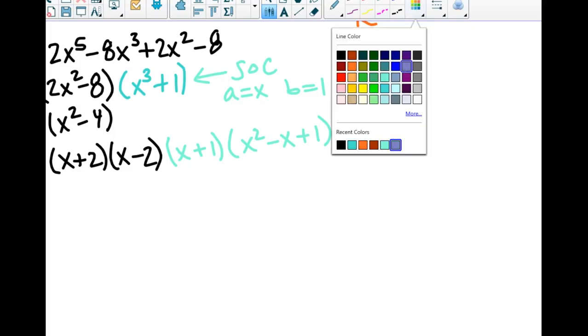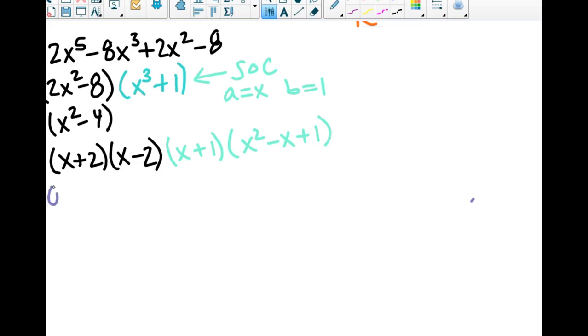So let's write the ones that we know right away. If 2 is equal to 0, there's no x, that doesn't result in a root. If this one's equal to 0, those three are all really simple for us by now. The roots we start with here are -2, -1, and 2.